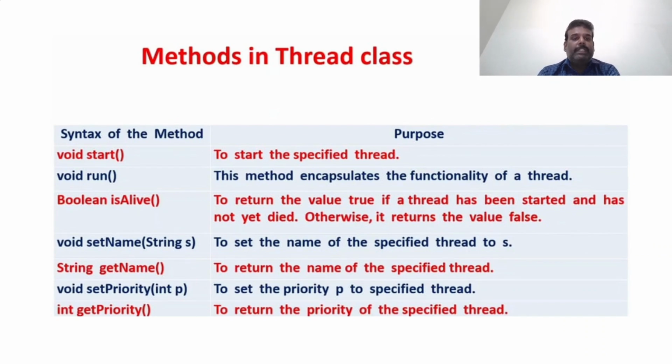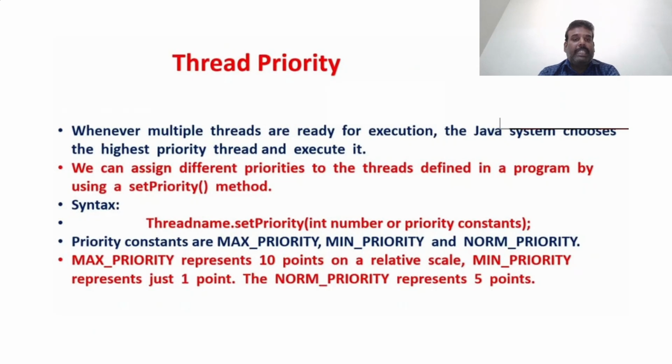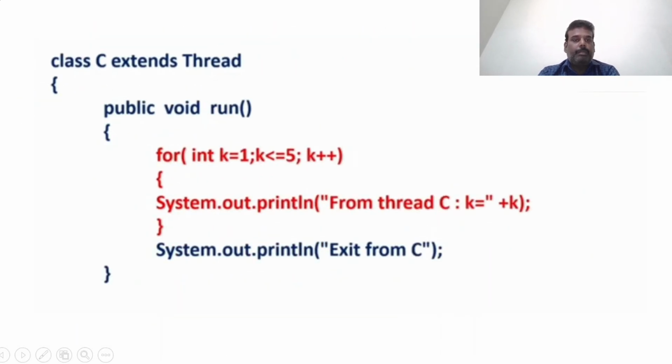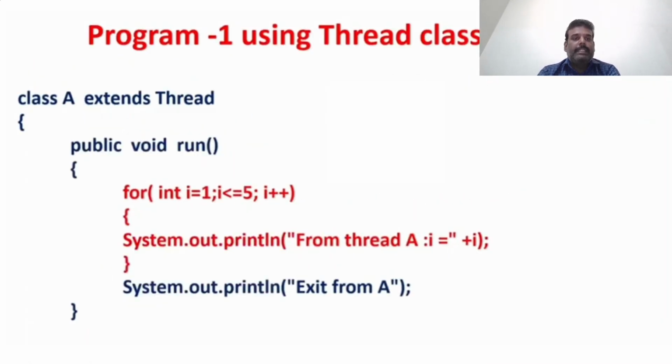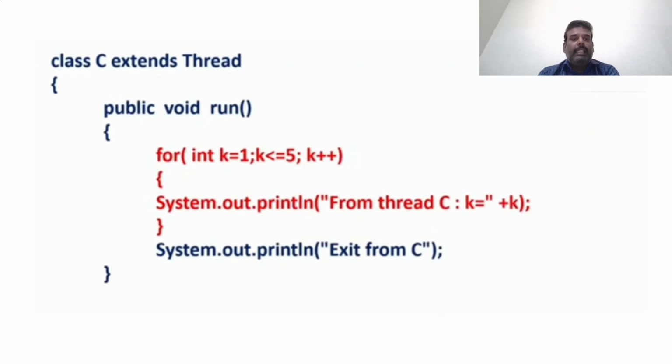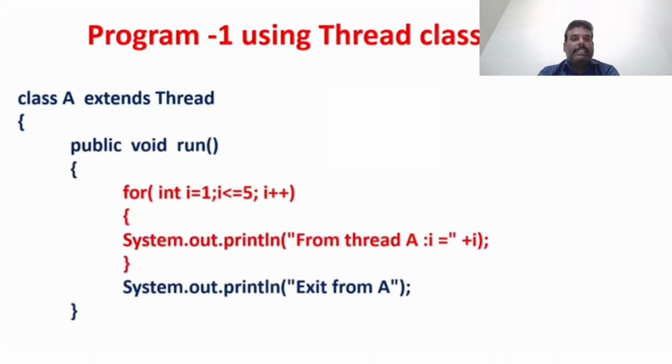Thread priorities, start method, setName, getParameter, setParameter, thread priorities. So then I'm going to set priorities. So this is one class A extends Thread, going to print the values from 1 to 5, and class B extends Thread, same void run method, printing 1 to 5, and class C, void run method, printing 1 to 5, same logic.